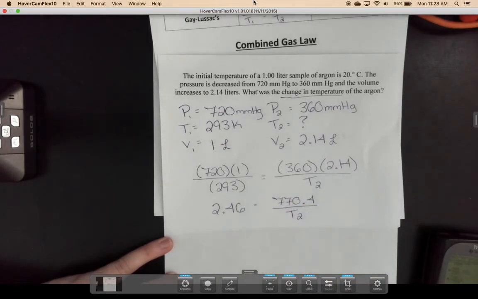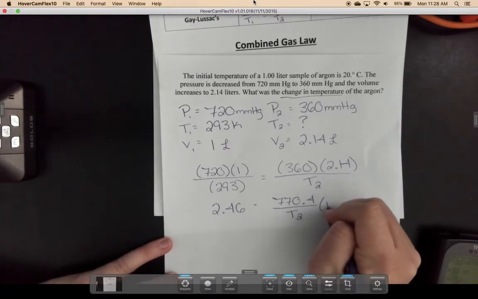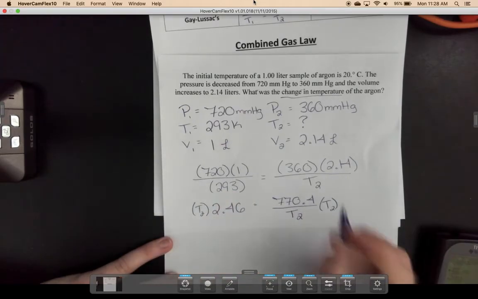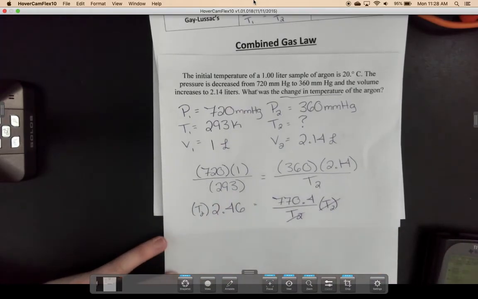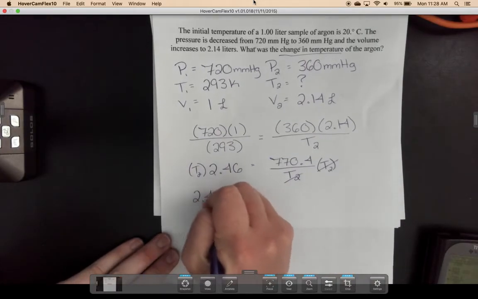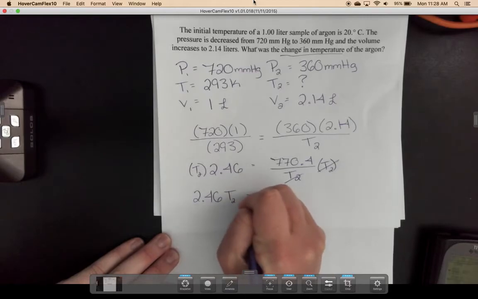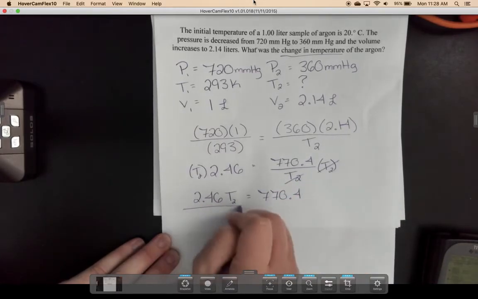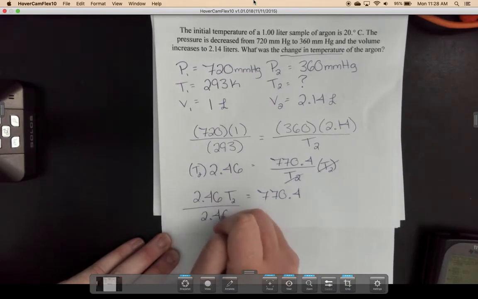Over T2. Now, in order to solve for T, remember, I'm going to multiply both sides by my T2. Cancels out. You end up with 2.46 T2 equals 770.4. Get my temperature by itself.